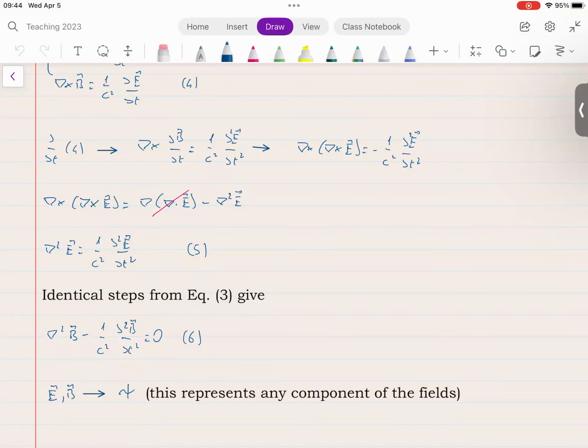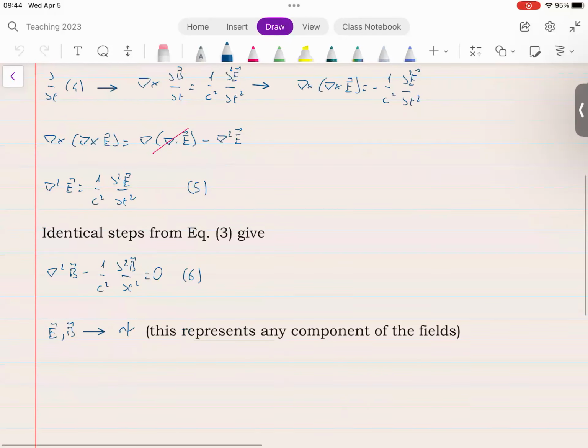Since these are linear operators, they apply to vectors, and the x component of, for instance, E is determined by a wave equation just for that component without mixing with anything else.